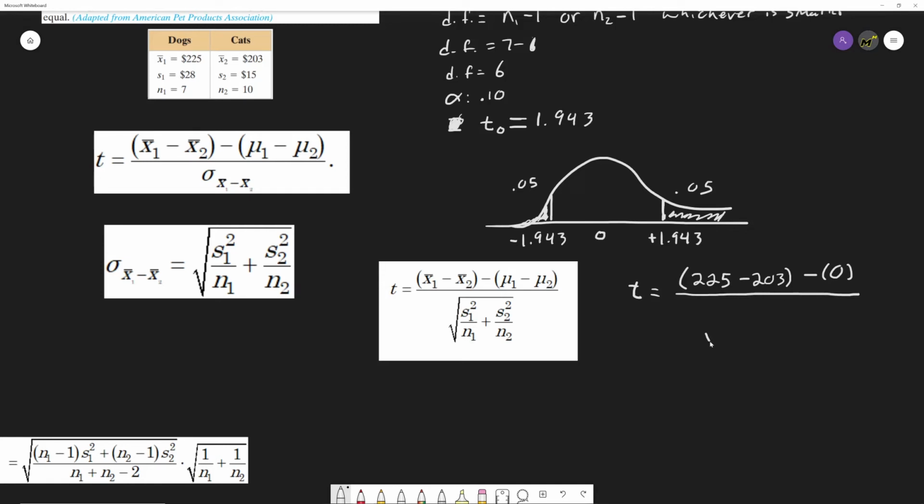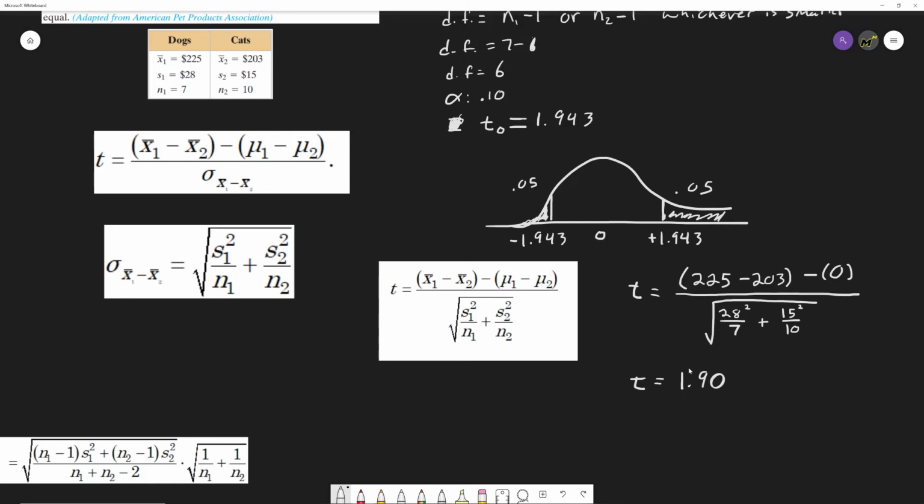And below, in the denominator, we'd have the square root of our first standard deviation, and they gave that to us as $28 squared over the number of 7 visits, plus, let's see, we had $15 for our other standard deviation. Square that and divided by 10 visits. And so again, careful when you type this in or calculate it, follow the order of operations. When you calculate this, you should get about 1.90, somewhere around that realm.